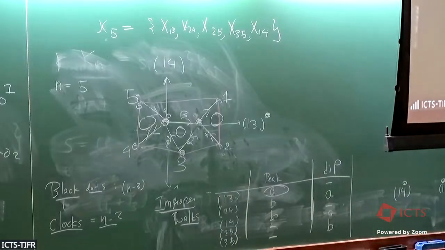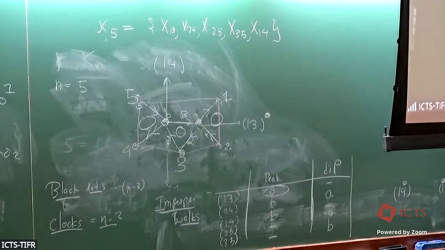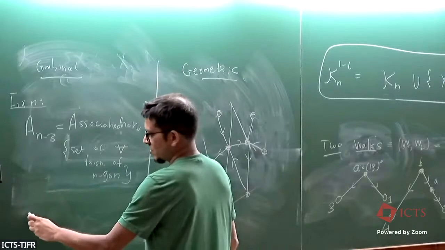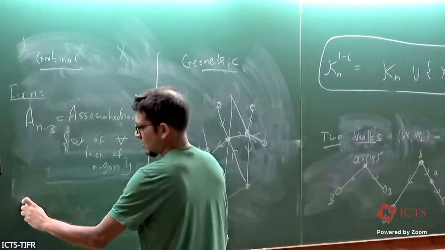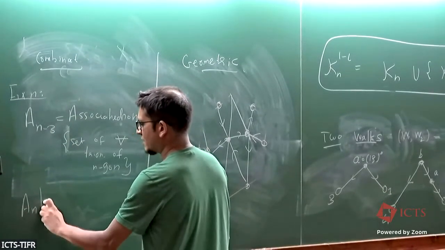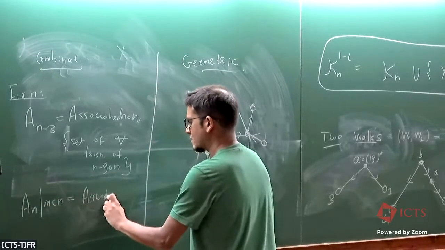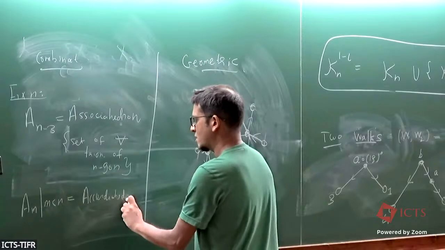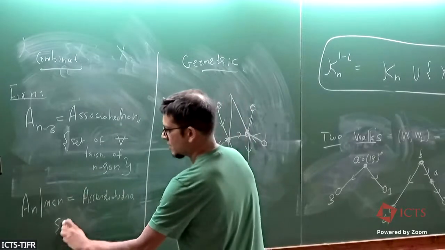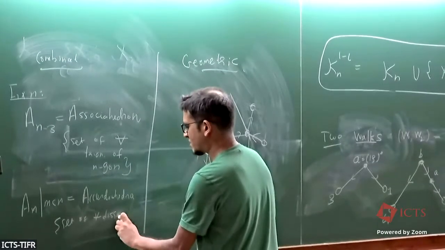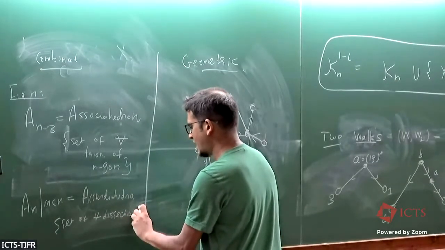And then you get AM for M less than N, accordiahedra, which are generated by the set of all dissections. I'm writing it a bit schematically because you could choose any dissection that you start with.